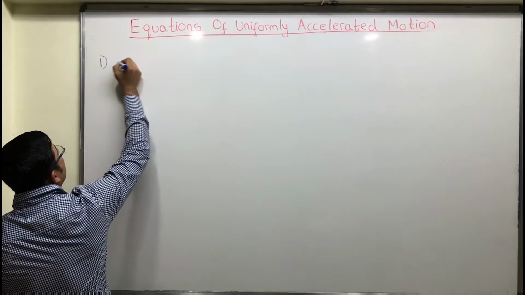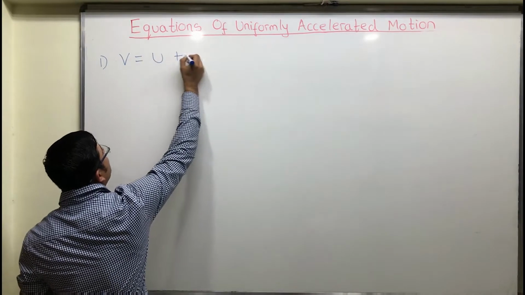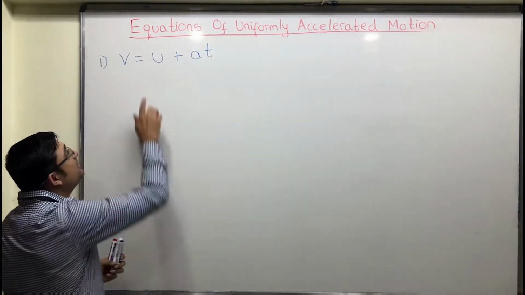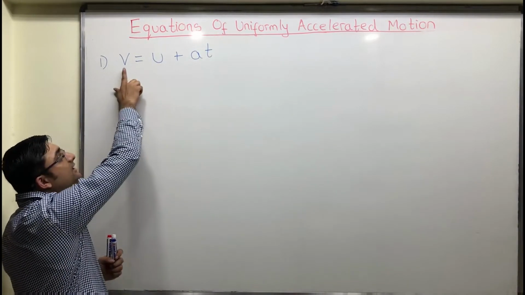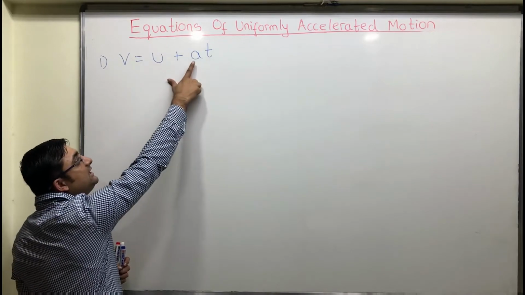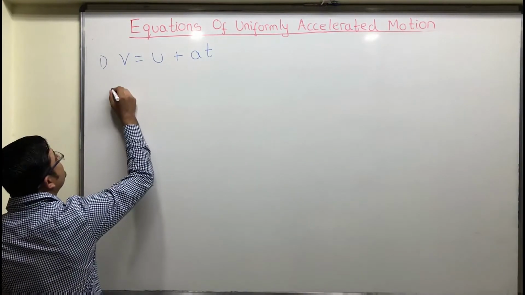The first step is I'm going to write down the three equations of motion. The first equation of motion is V is equal to U plus AT. So see, there are four variables over here: V, U, A and T. V stands for final velocity, U stands for initial velocity, A for acceleration, T for time. So let me write it down over here.